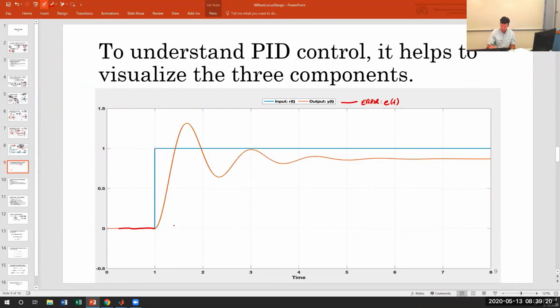And when we get to this point, the error has decreased to 0, because at this point in time the reference and the output are the same, so they subtract to get 0. And then the error goes negative. So now we're pretty much going to follow this orange curve, but mirror it down around 0.